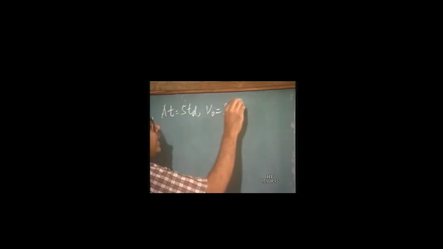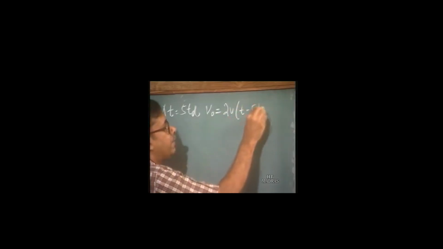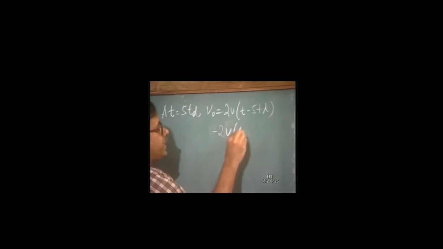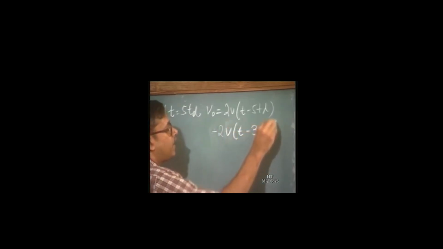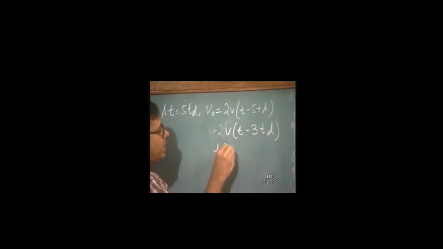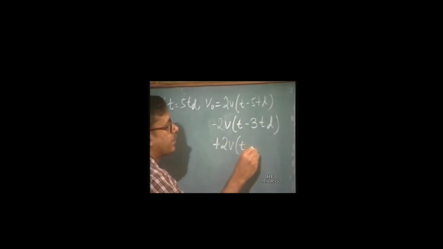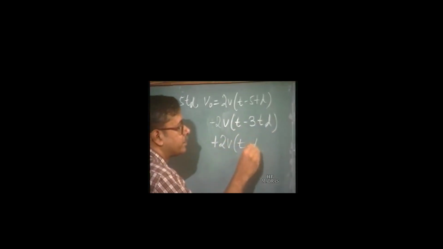So twice V(T minus 5 TD) minus twice V(T minus 3 TD) plus twice V(T minus TD).